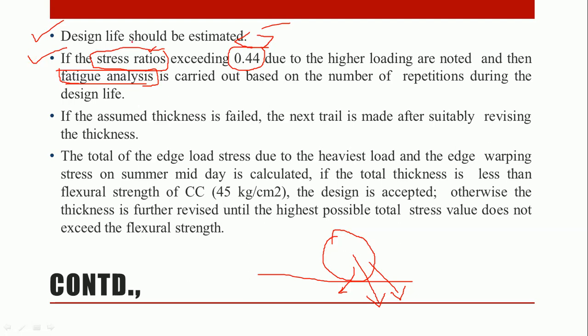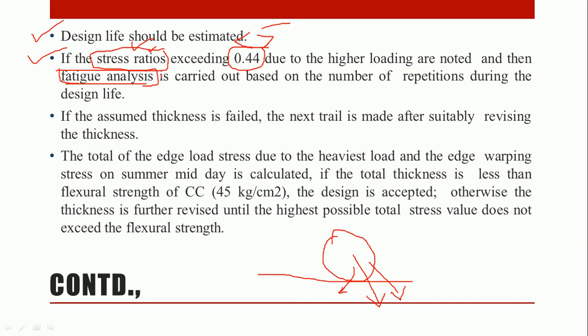So we need to find out the stress ratio. Stress ratio is nothing but the ratio of flexural stress to the flexural strength. If it is more than 0.44, fatigue analysis is required. If it is less than 0.44, then our pavement is safe.